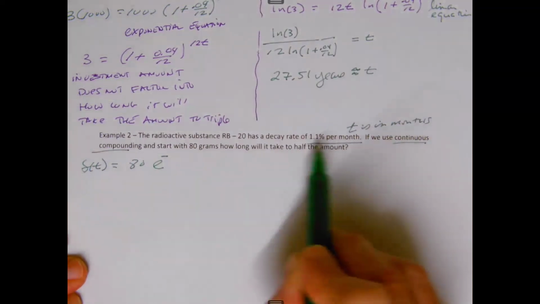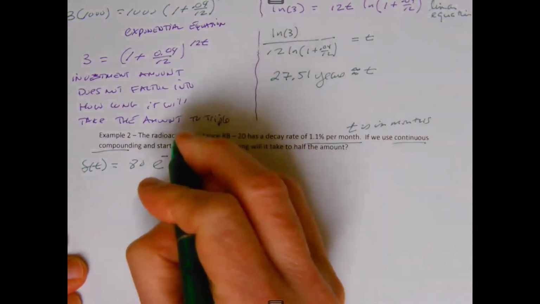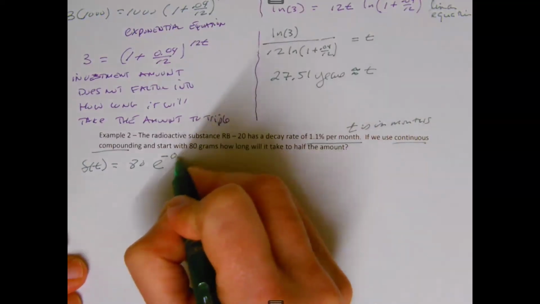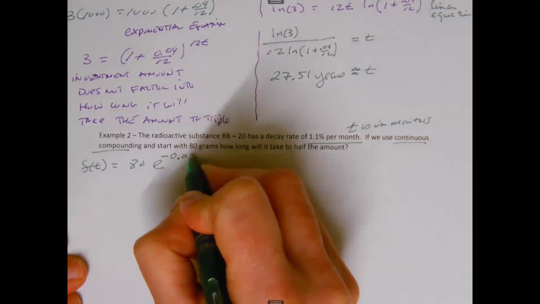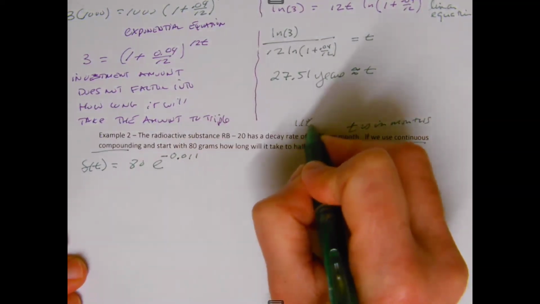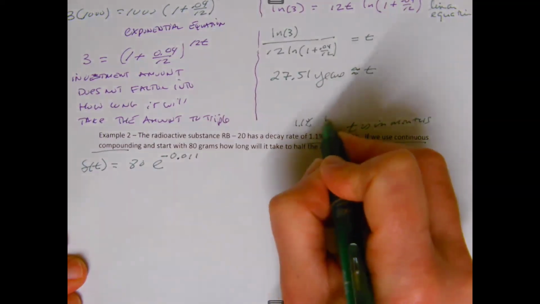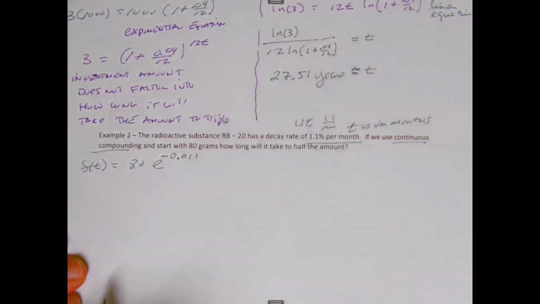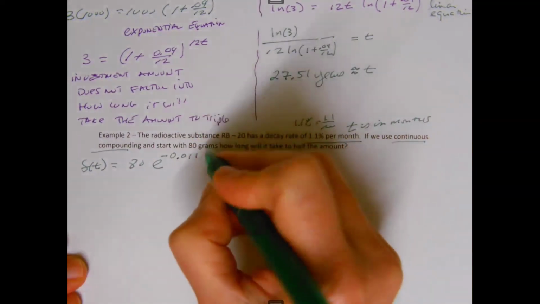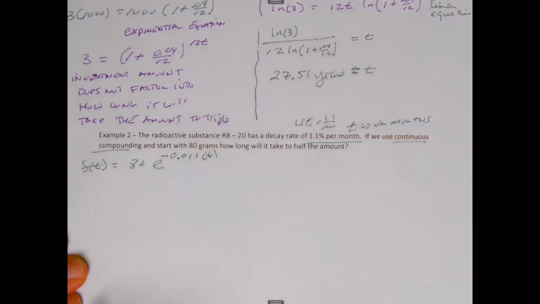So I always have to figure out what this is, and then that's what t is going to be in. So it's a decay rate, so I need to make it negative and change this to a decimal. Again, move the decimal on 1.1%, just move it over twice, or take 1.1 divided by 100 to get what it is. And that's times t. There we go.